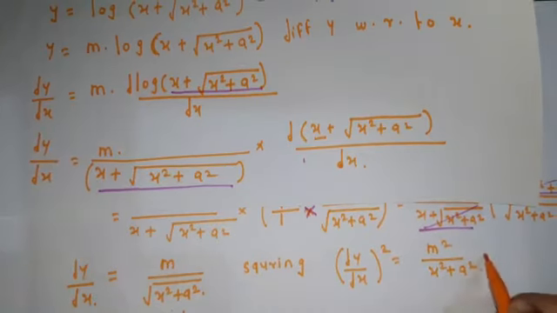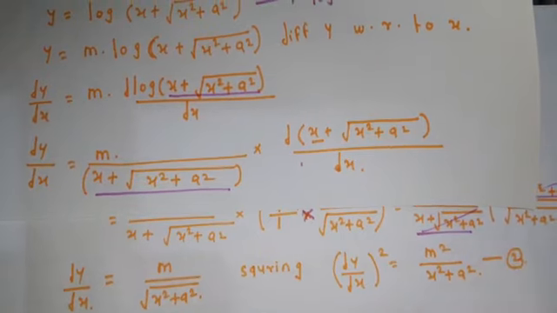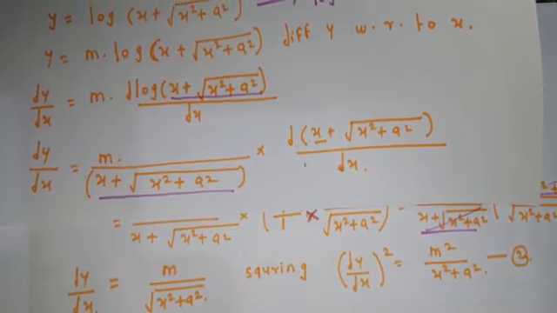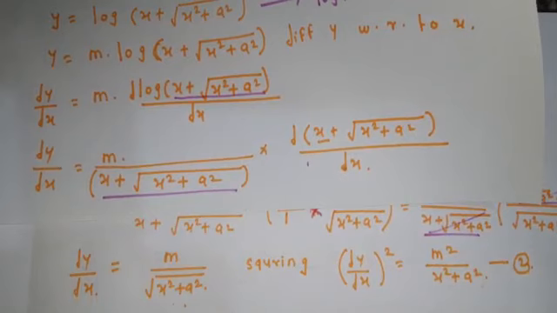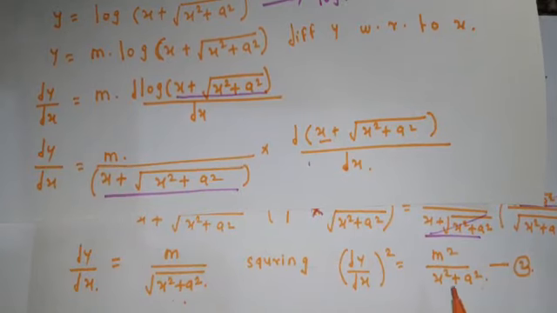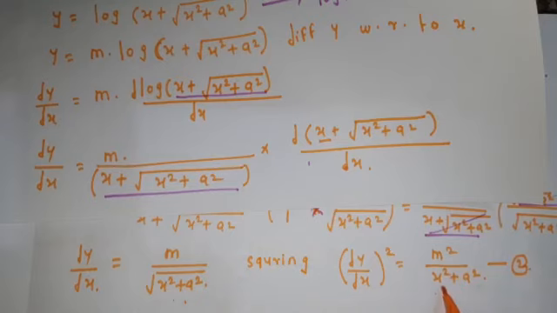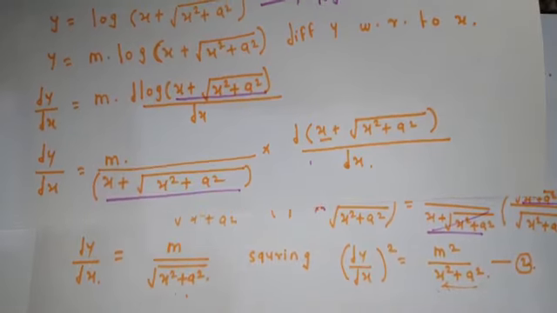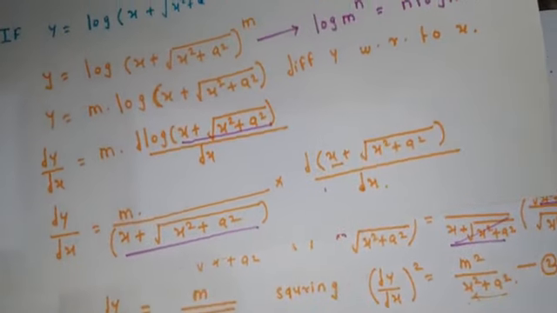This is statement 2 and now we can differentiate. In this step, some of the students will do it by the u upon v rule or by 1 upon x square plus a square, or some students will shift this x square plus a square to that side and then differentiate. That is also one of the easy ways.